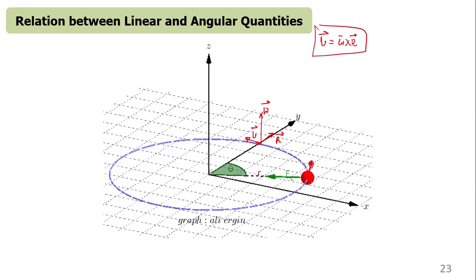Omega is upward, and r is towards y. According to the cross product rule, omega vector cross r vector is directed along the v vector. Yes, sir. So that means it satisfies this equation.